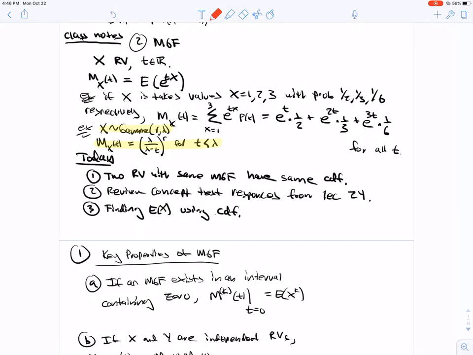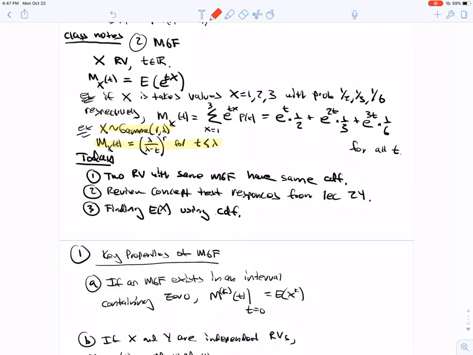The number in front of the t is the value of X, and the coefficient of the exponential part is the probability that X takes that value. So for example, just looking at e to the t times 1/2, I know that X takes the value 1 with probability 1/2.